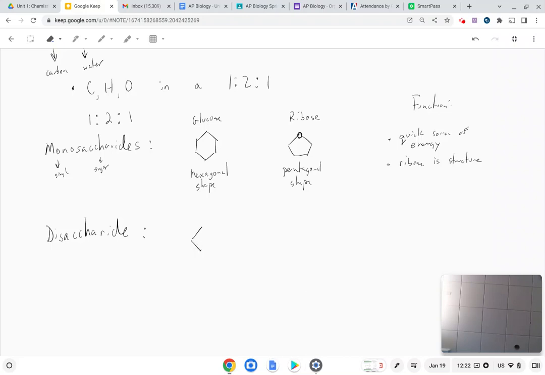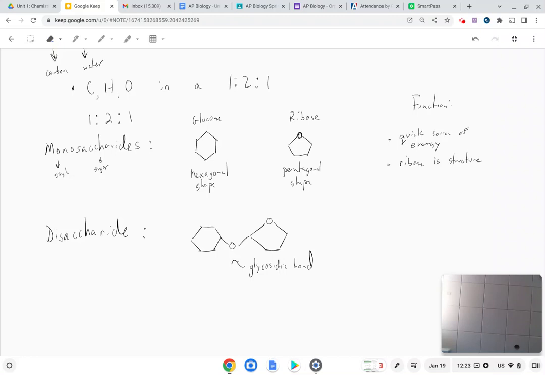Table sugar is composed of a glucose and a ribose. You've got a glucose over here on the left, and then a ribose on the right, joined together by, of course, what we saw earlier, the glycosidic bond.